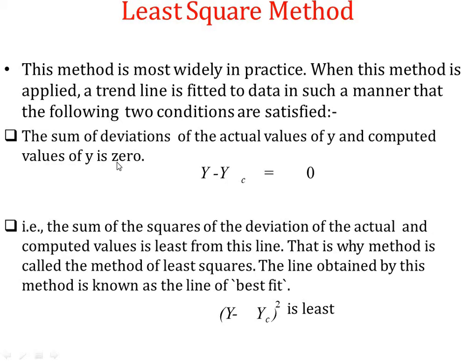Suppose I have been given any curve that goes like this. In terms of x and y axis, for any point corresponding to x0, the actual point lying on the curve is y0.